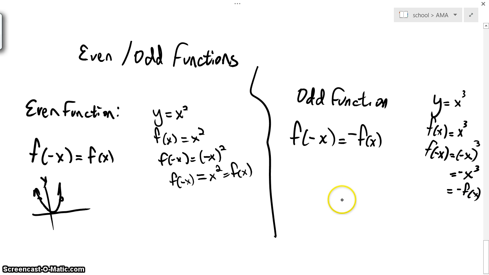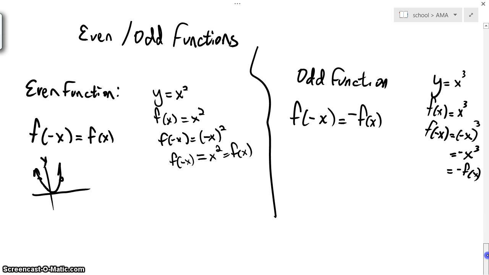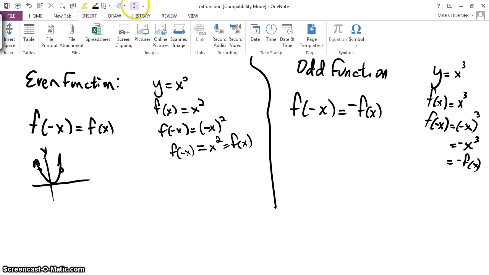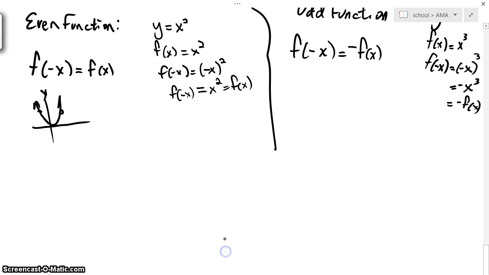What you're going to see very quickly is, for a couple of problems, if we wanted to take a look at that, you can also take a look at what's happening graphically here. You don't have symmetry about the y-axis or about the x-axis. You'd actually have symmetry about the origin. You could see that to be true.